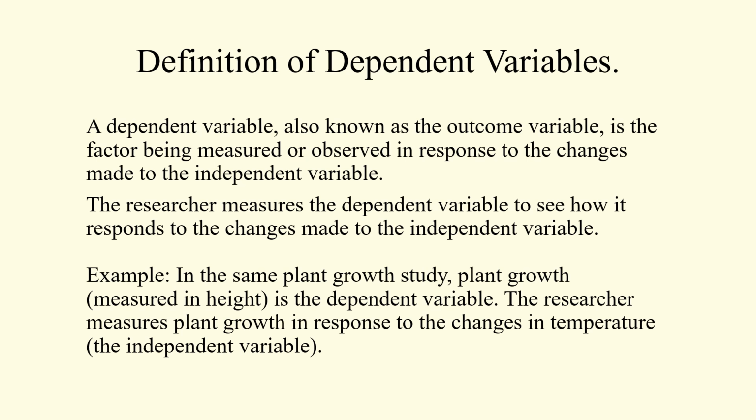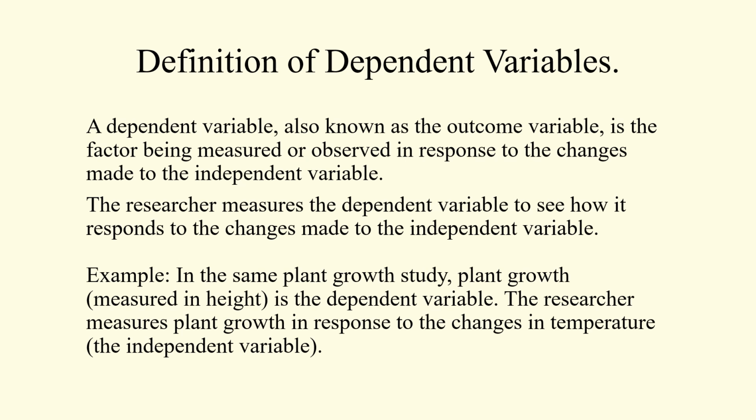A dependent variable is also known as the outcome variable. It is a factor which is being measured or observed in response to the changes made to the independent variable. The researcher measures the dependent variable to see how it responds to the changes made to the independent variable.